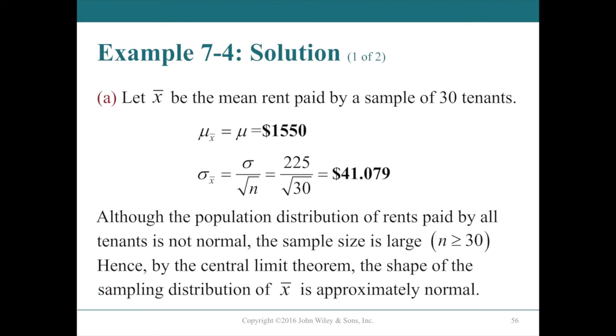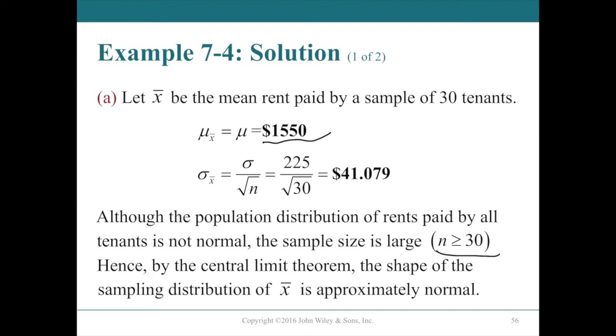So as we look at the data, X bar is the mean rent paid by a sample of 30 tenants. And the mean is not going anywhere. Don't touch it. It's already perfect. But the standard deviation changes. 30 is just enough. 29 wouldn't have been. And I have to admit, this is a slightly arbitrary number, but that's the number that's gone with.